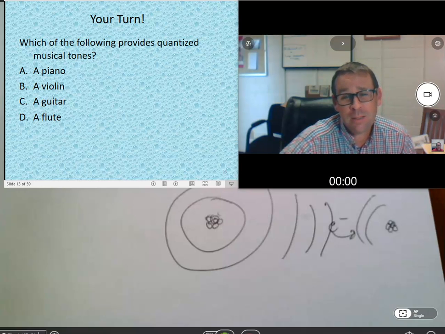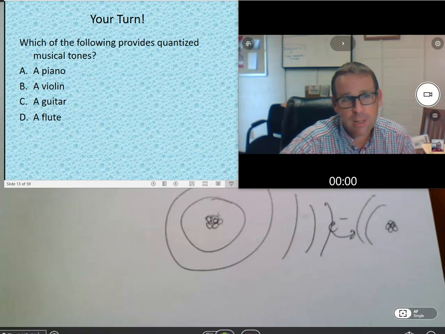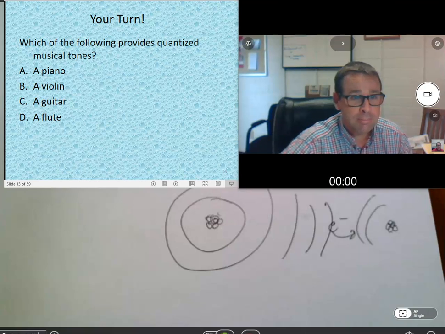Why does the piano come in discrete tones? There are definitely noises that can be made between, for example, a B and a B flat, right? We can make noises between those two, but the piano only will play the B flat. It won't do a B half flat. However, violin, guitar.